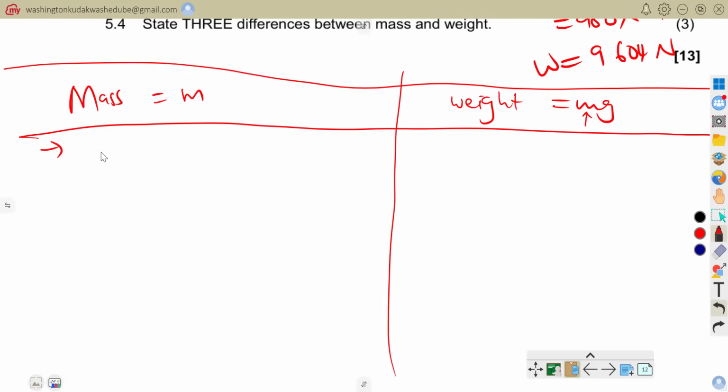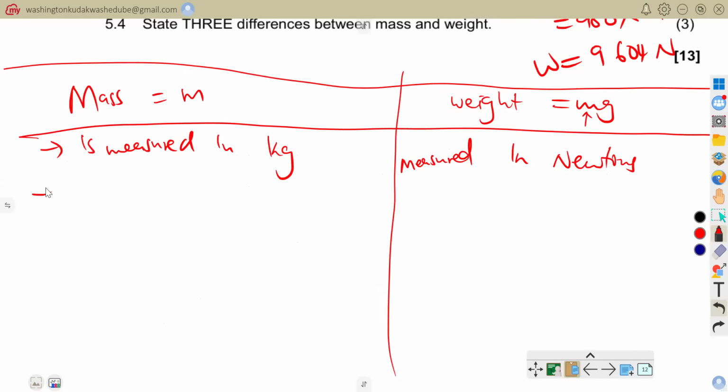The first difference is that mass is measured in kgs, and weight is measured in newtons. Mass does not depend on the location.